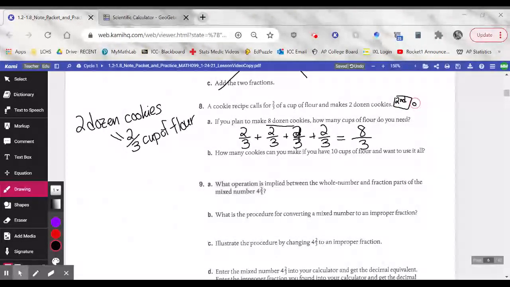It's either going to be second or shift at the top, and then you would press your fraction button. And that's going to change the format of the fraction from a top-heavy or improper fraction to a mixed number. And so if you did that, you would end up with 2 2/3 cups.